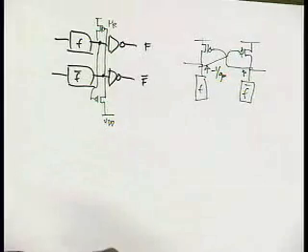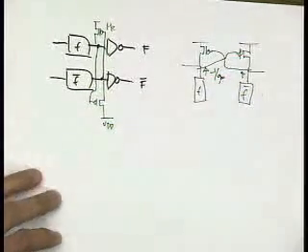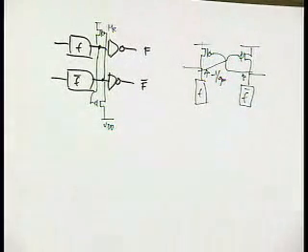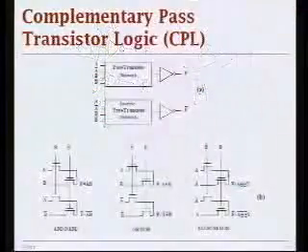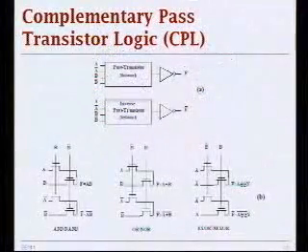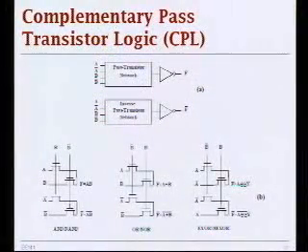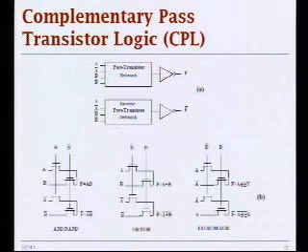Okay. So any questions? Now, back to the slides, if you look at this, notice that I can implement AND, NAND, OR, NOR, XOR, XNOR in pretty much the same topology. So they actually made some sort of standard cell library out of pass transistors.